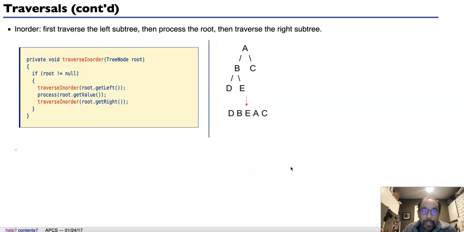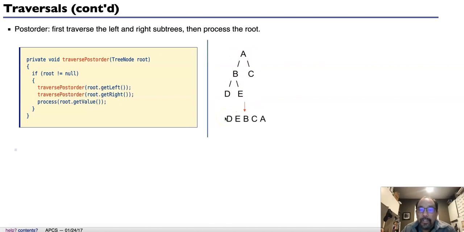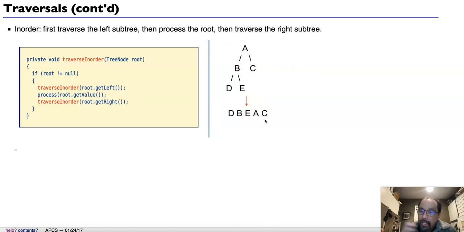So you could always tell first off if it's preorder. If it's preorder, you know that the root will be on the leftmost side. If it's post order, you know that the root will be on the rightmost side. If it's in order, you don't actually know. The root can be in the middle somewhere.